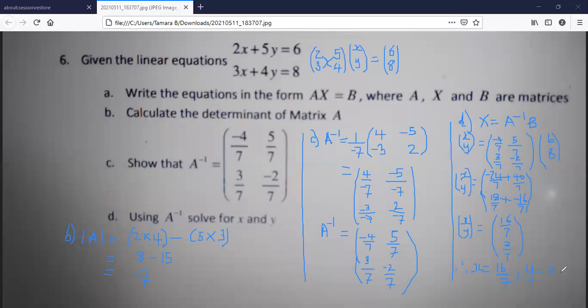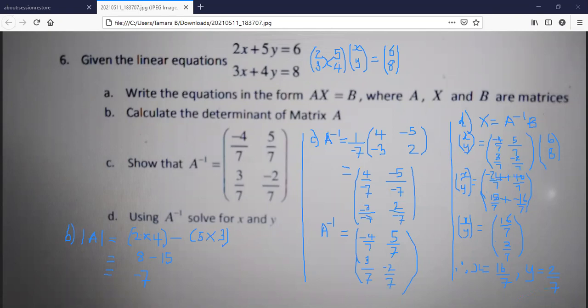All right. So there we go. X is equal to 16 over 7. Y is equal to 2 over 7.